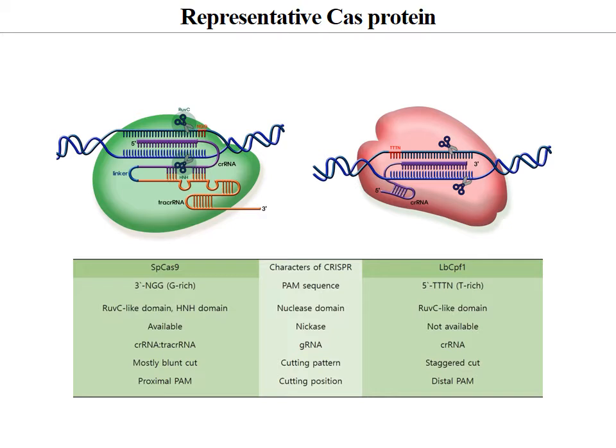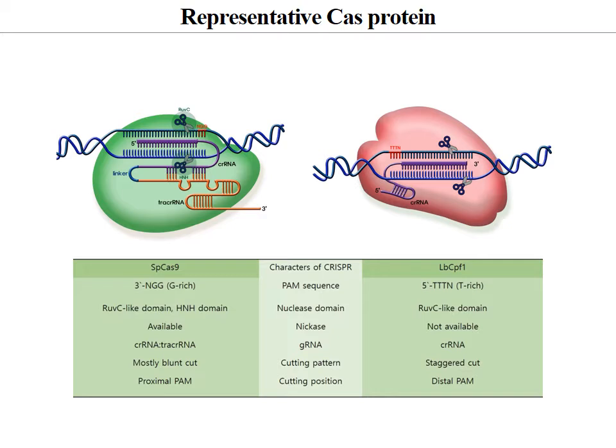We can make a mutant version which deletes one nuclease domain. And it requires CRISPR RNA and transactivating CRISPR RNA, but we usually put in a linker and express a single guide RNA. And Cas9 usually generates a blunt end, and it cuts proximal to the PAM.